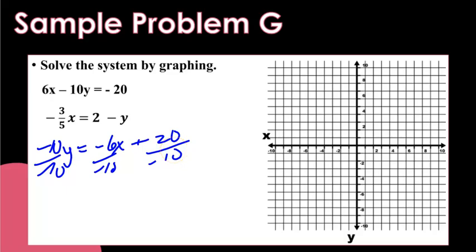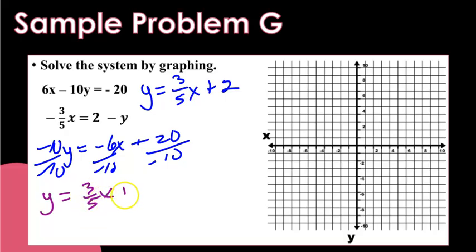We now have y is equal to 3/5 x plus 2. And the other one is going to be y is equal to 3/5 x plus 2. So let's graph that one.